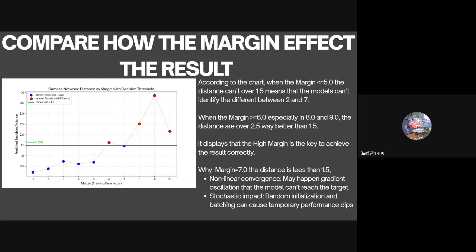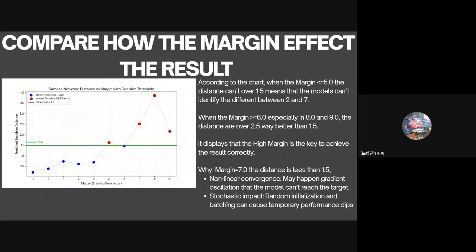That shows the model can identify the image differences clearly. And when the margin is less than 5, we can see the distance is under the threshold, which shows that at such a small margin, the model cannot really identify the difference between 2 and 7.